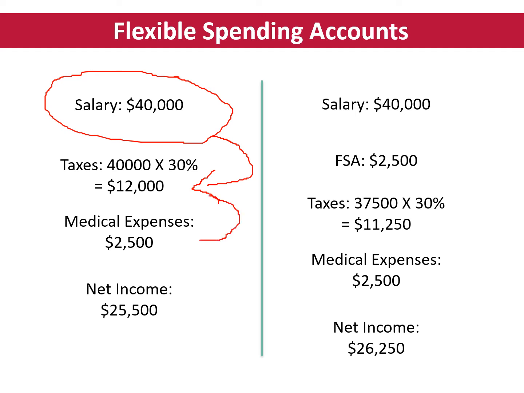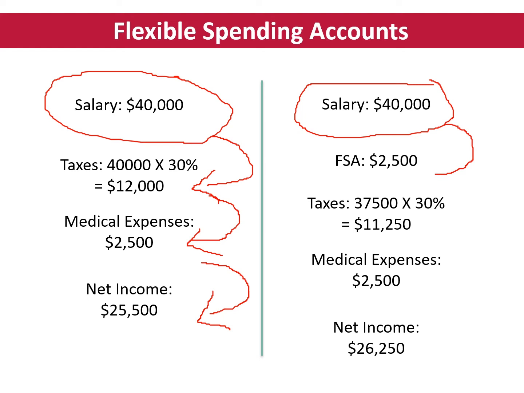Let's say this person has $2,500 they spend on medical expenses every year. When we subtract their taxes and their medical expenses from their salary, we get $25,500.